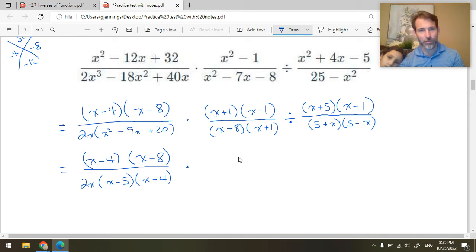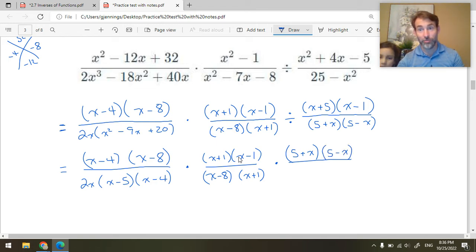And then those don't change. I'm just going to rewrite them: x plus 1 times x minus 1, and then over here x minus 8 and x plus 1. Since I have everything factored now, I'm going to flip that fraction into 5 plus x multiplied by 5 minus x. Notice that if we're dividing by a fraction, we just flip the fraction and then multiply.